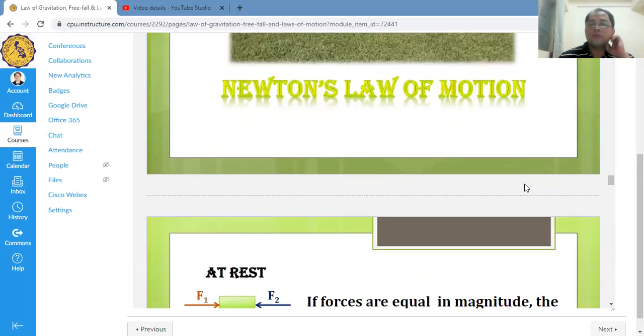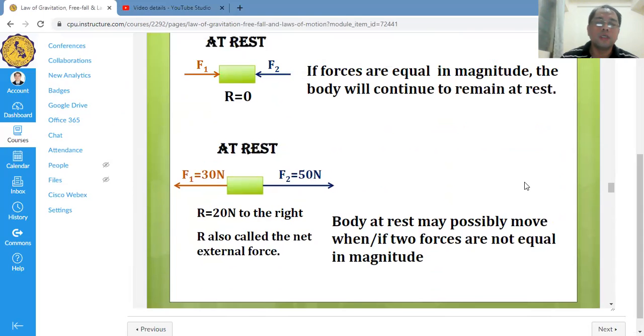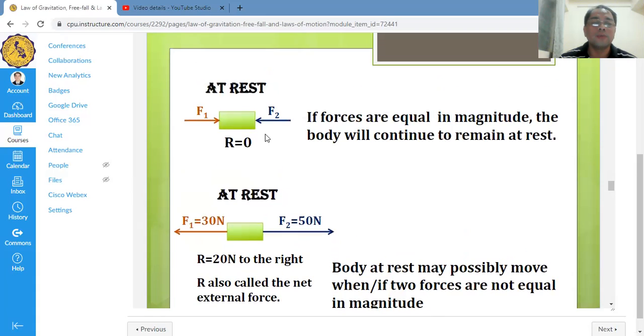Okay, now we go to Newton's laws of motion, and we realize that the first law is about the law of inertia. In the law of inertia, when forces are balanced, the forces F1 and F2 are equal in magnitude.